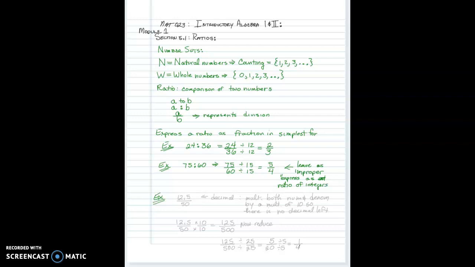Here, if there is a decimal, what we want to do is multiply both the numerator and the denominator, the top and bottom of the fraction, by a multiple of 10, so that there is no decimal left.